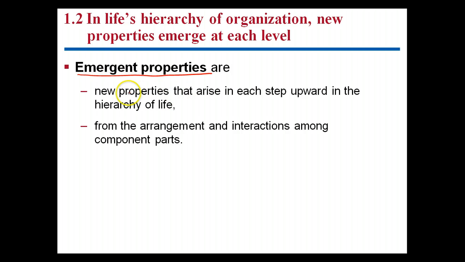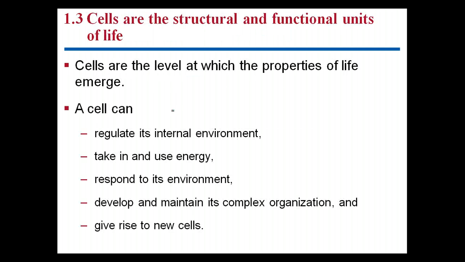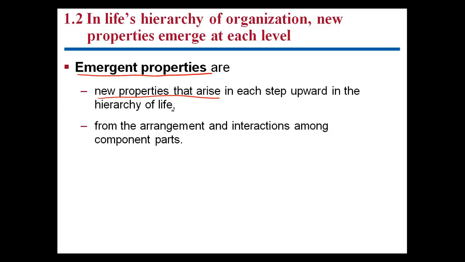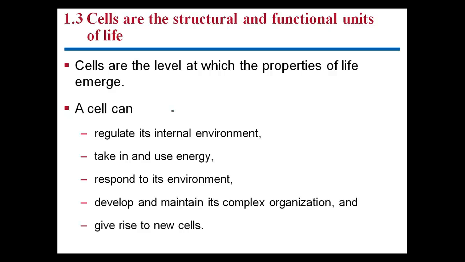So it's a property that arises from the arrangement and interactions among component parts. So we'll talk about that a little bit more later on. That's going to have a lot to do with evolution and how you start to look at evolution. So when we start talking about taxonomic stuff, probably after the break, in the second semester, is when we'll start looking into some of that stuff.